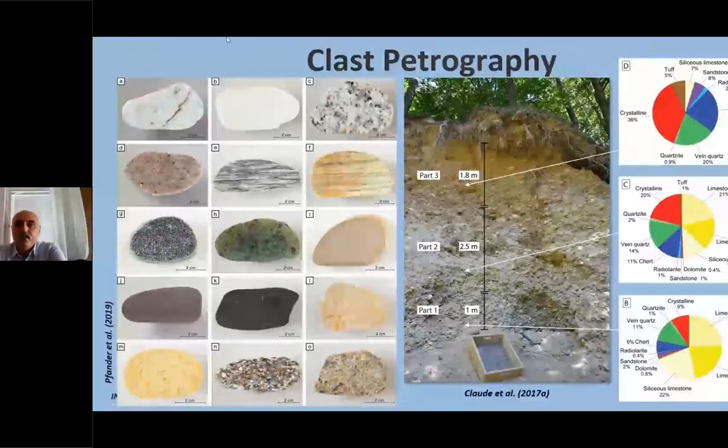Examples. Here you see a beautiful plate of examples from clasts that have been cut. What you do is go to an outcrop, identify the quantity of the different lithologies, and then you can characterize your deposit.